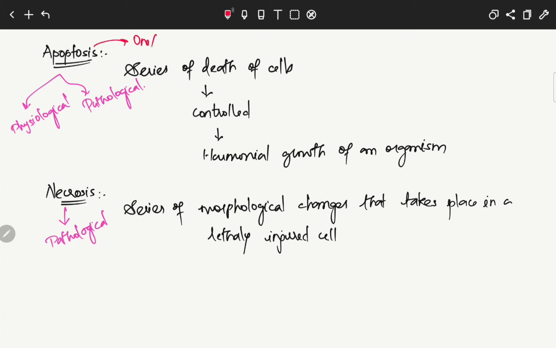Only one or small group of cells are affected. That is, only a small group or a single cell just undergoes apoptosis. Whereas in a necrosis, mass of cells get affected.